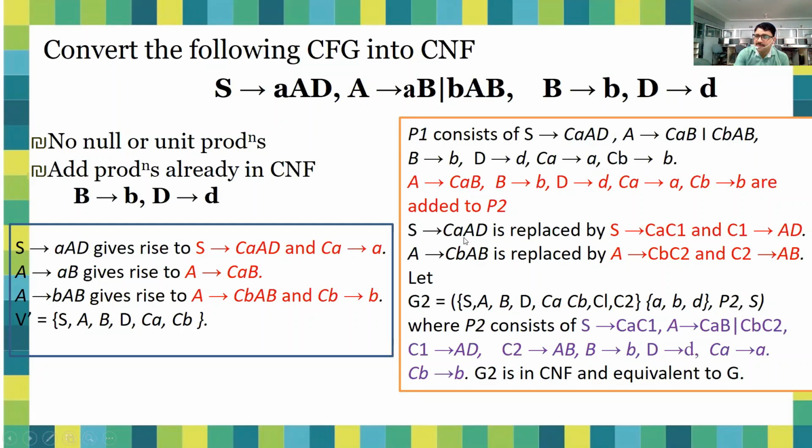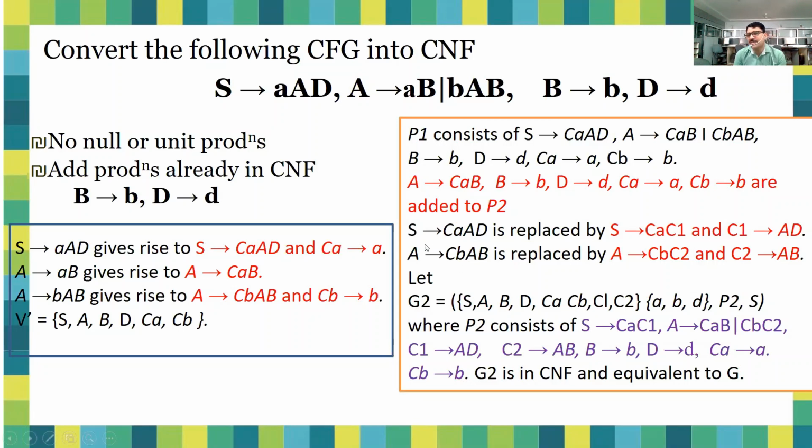So this production rule will be changed as A to CB C2, where C2 is AB. So the production rule is changed into A to CB C2 and C2 to AB. Now finally we can write all the production rules, and you can see all of them are converted into the required form.